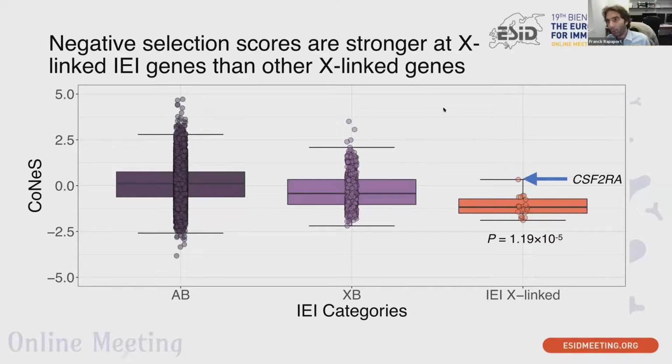There's one exception to this rule, which is the gene CSF2RA, which actually has a positive value of cons, meaning that it's under less selection than the mean of cons.